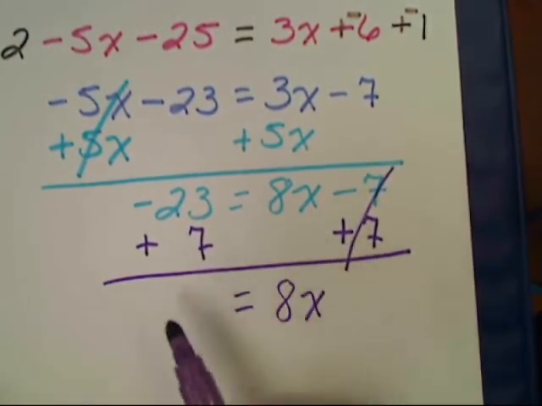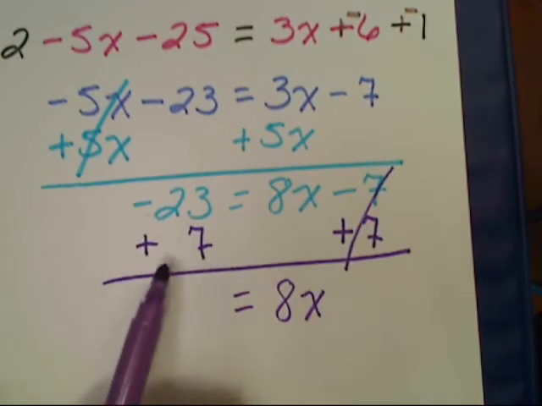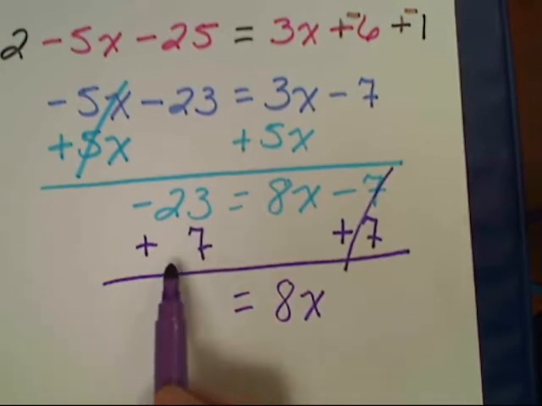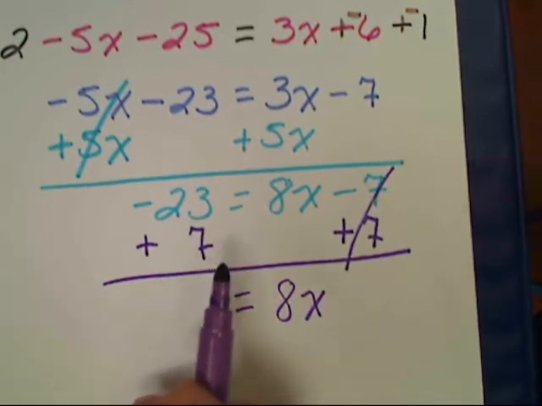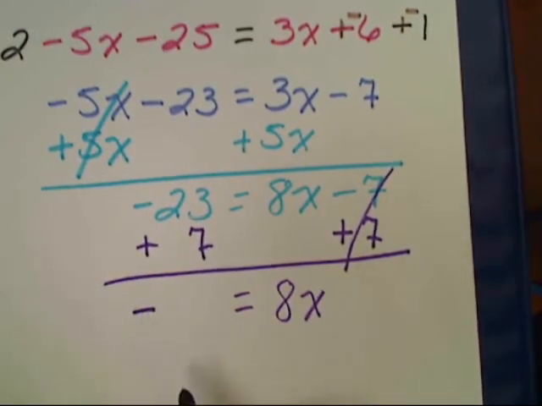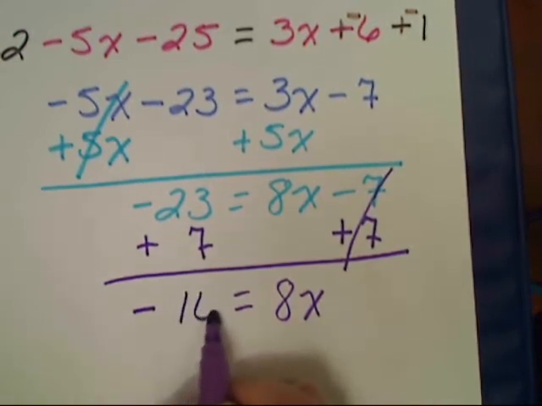Now on the left side I have a negative 23 and a positive 7. One of each sign, we subtract the numbers and keep the sign of the larger, or the number that's further from 0. 23 is the larger number in the fact that it's further from 0. And it's negative, so my answer will be negative. Then 23 minus 7 is going to give us 16.